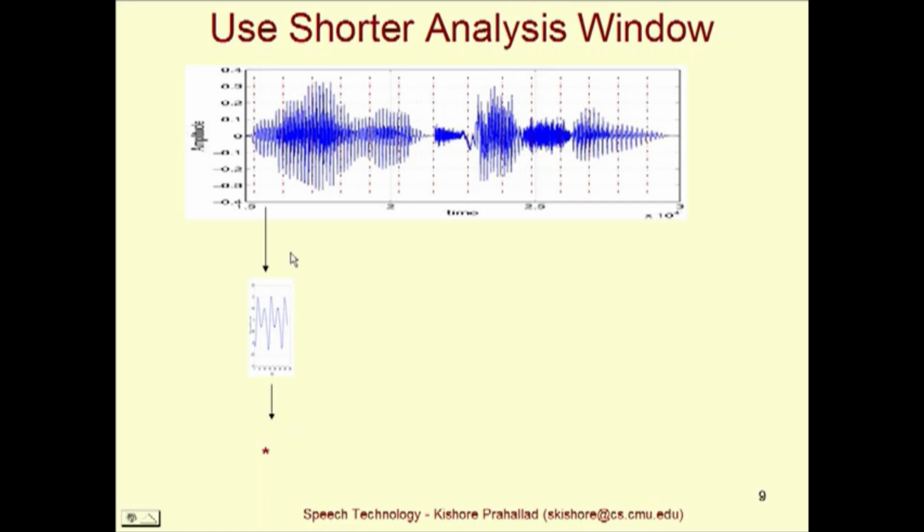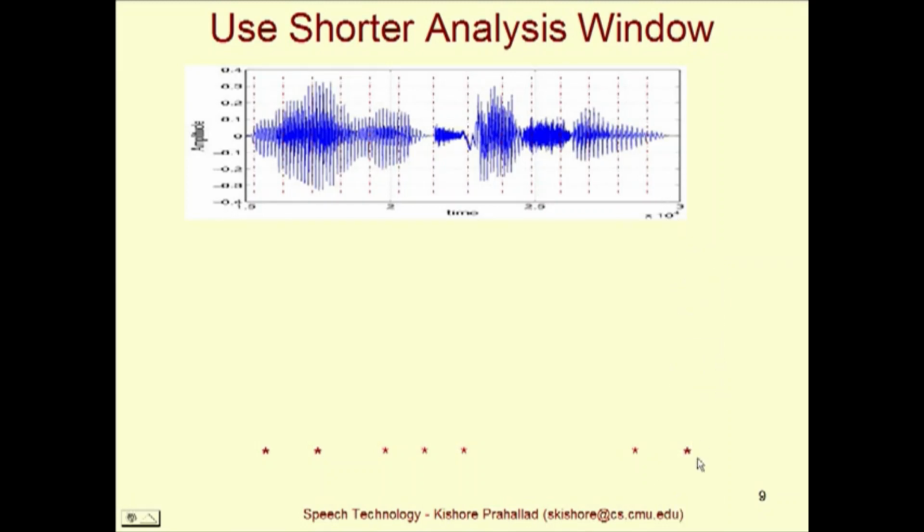Then we move our analysis to the next window, which is here, and we do the same process. That means we take that part of the signal, plug it into the energy equation and get another value here. Similarly I do the same process for all of the analysis windows here, and correspondingly get the energy values. Finally I come to the last window and I repeat the same process, and I get the energy value here.